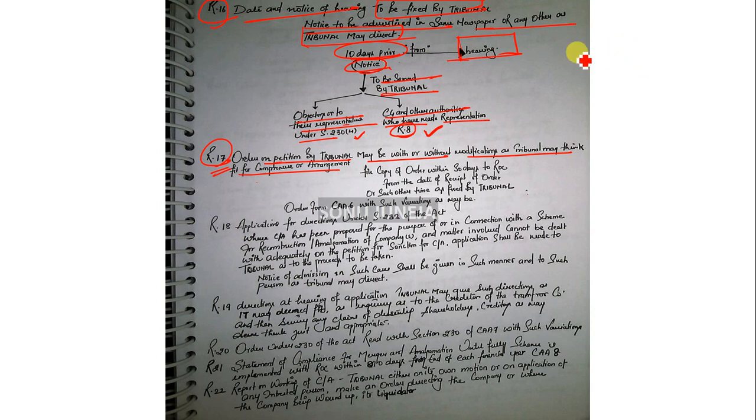Okay, so once the notice has been given, then you look forward to what the tribunal will look into, any objections or anything of the sort which has been received, and then the tribunal may, with or without modification, sanction the scheme. File the copy of the order once approved with ROC from the date of receipt of the order, within such time as may be fixed by the tribunal. An order shall be in form of CAA 6 with such variation as may be.